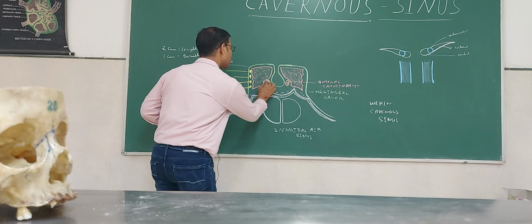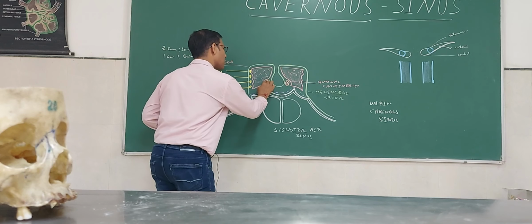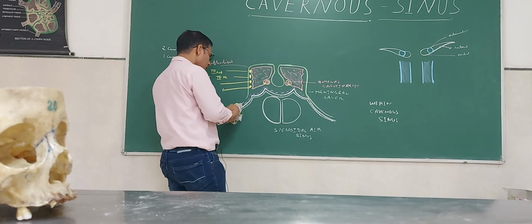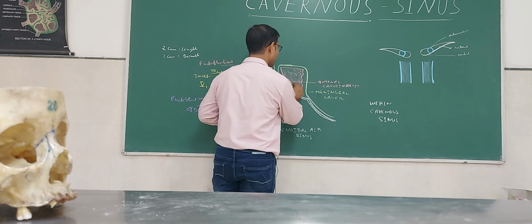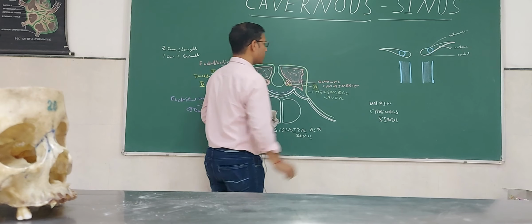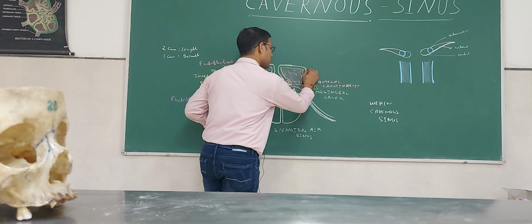That is not enough. Inferolateral to this one, there is a very important nerve, the sixth nerve, the abducent nerve. I am completing this diagram here.